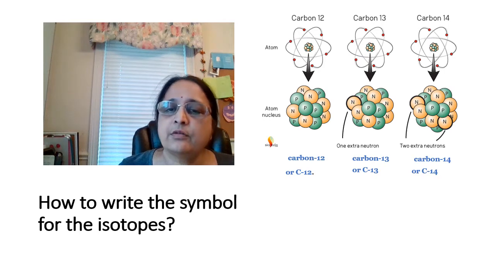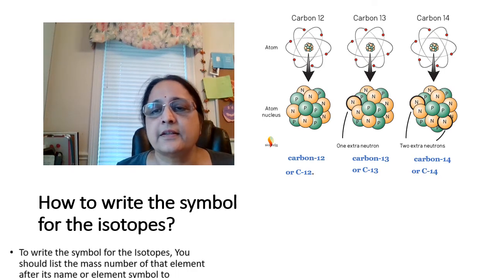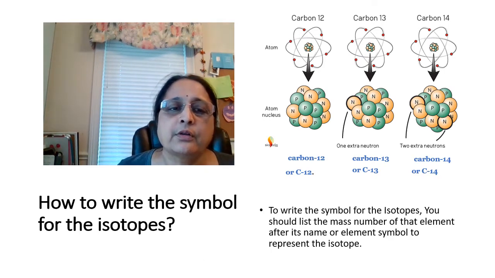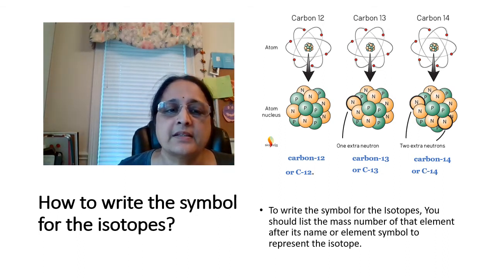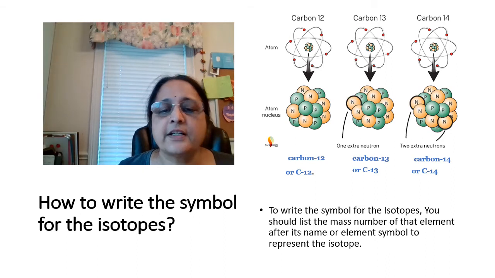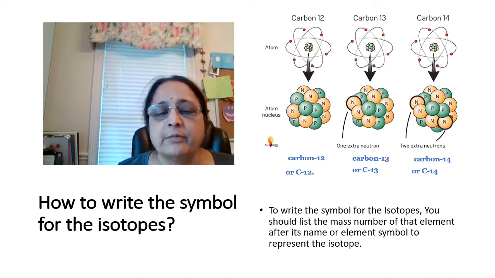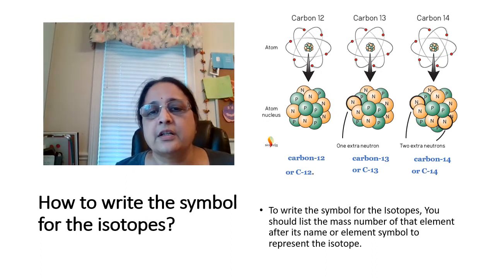So next is how to write the symbol for these isotopes. To write the symbol, you should list the mass number of that element after its name or after its element symbol. For example, here carbon with 3 varieties of atoms.